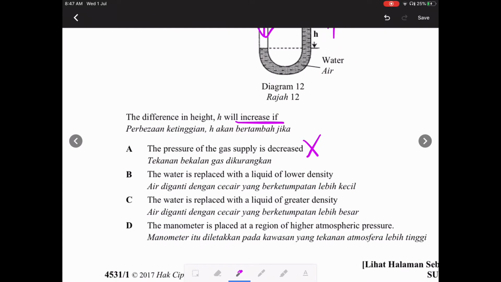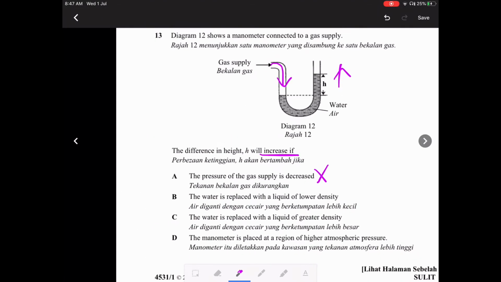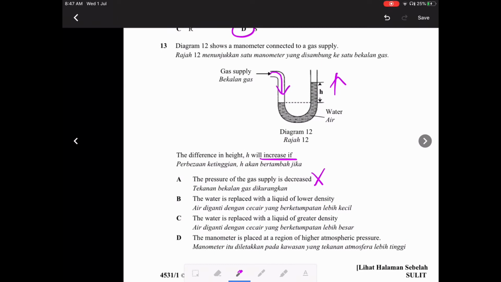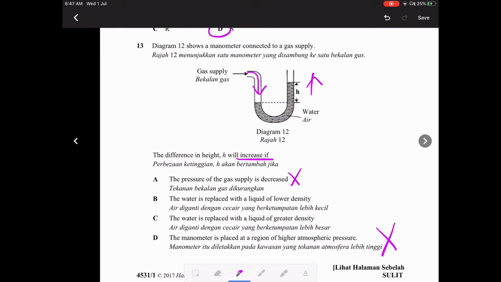The water is replaced with liquid of greater density. The manometer is placed at region of higher atmospheric pressure. Tak boleh. So, ini bukan jawapan dia. Okay, kalau lower density, mungkin boleh.